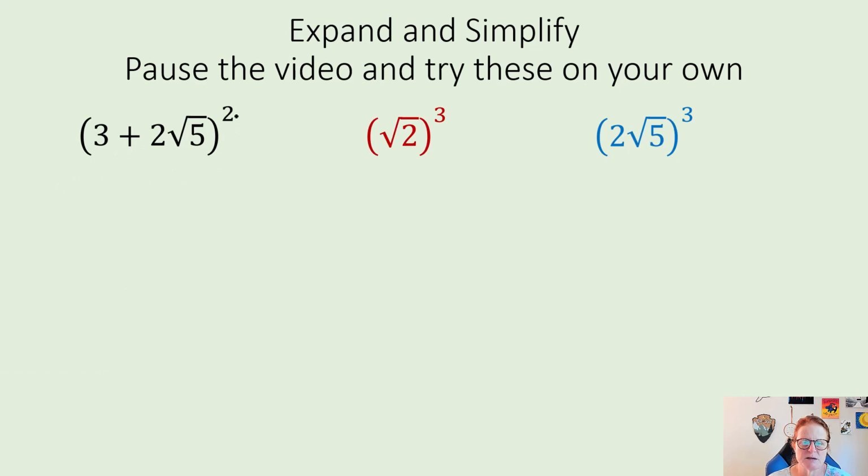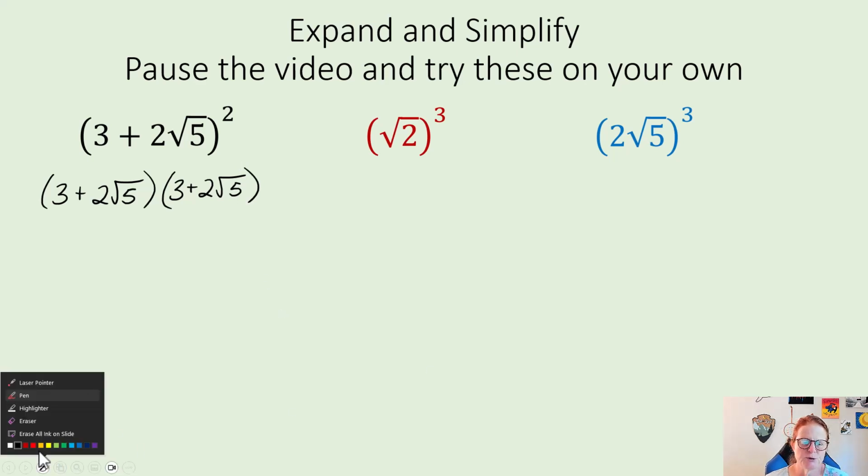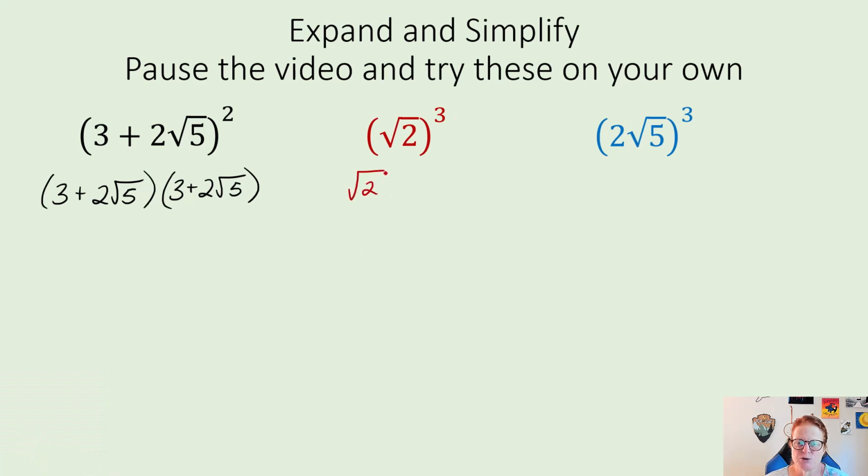Remember, because it's squared, you're going to have 3 plus 2 square root of 5 times 3 plus 2 square root of 5. Now the square root of 2, if you notice, is to the third power. So that means I have the square root of 2 times the square root of 2 times the square root of 2.